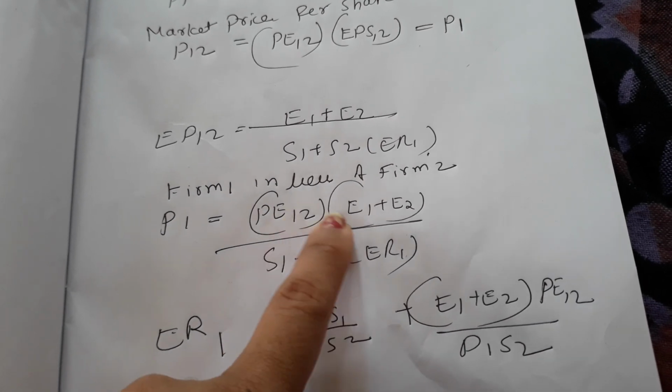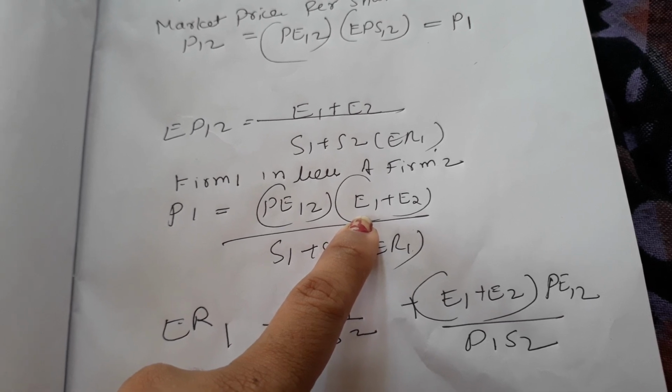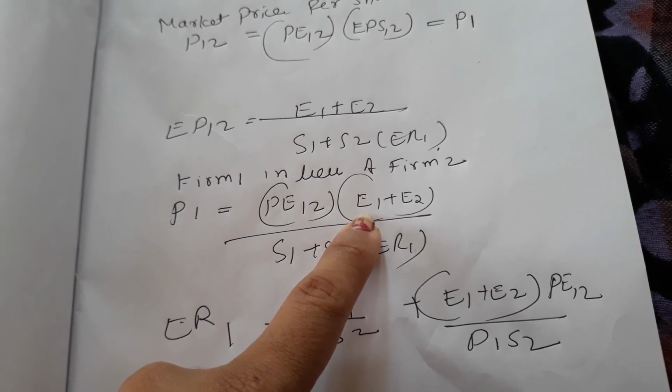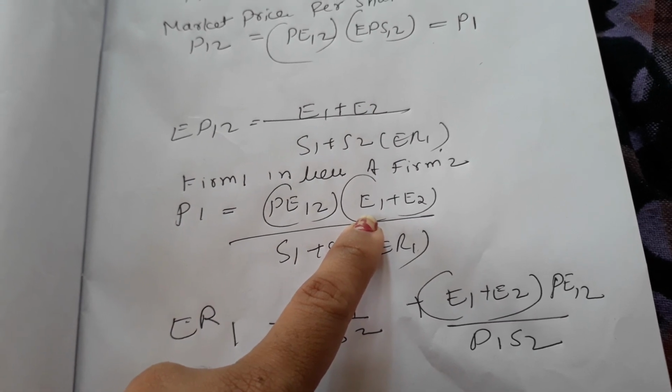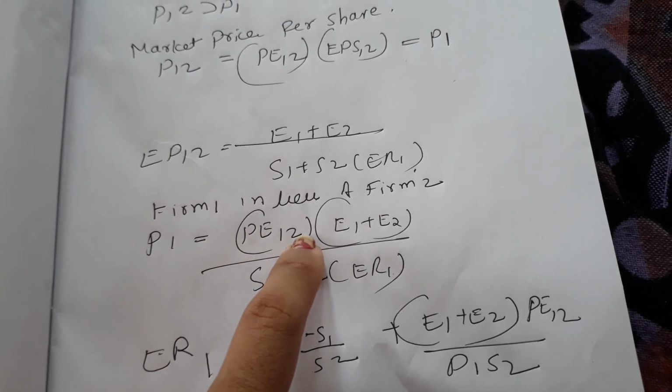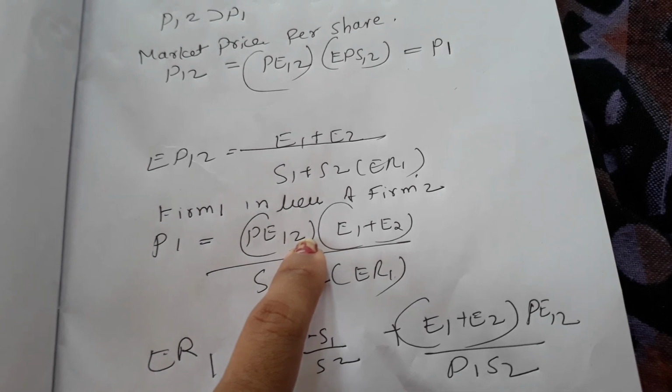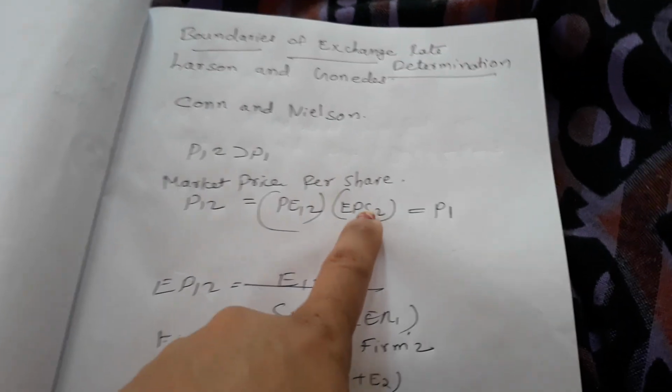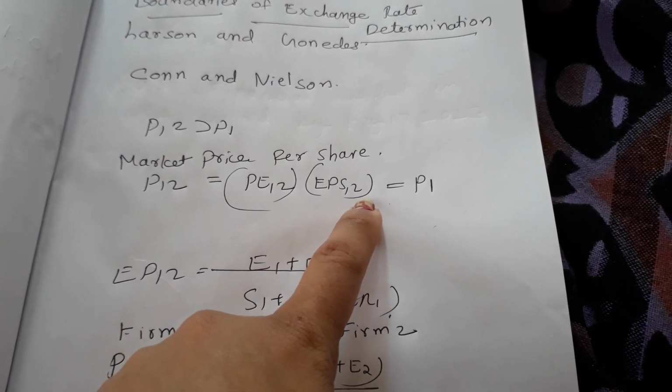We have already said that, in order to understand the market price of the combined firm, we should multiply the P by E ratio with the earnings per share of the combined firm, isn't it?